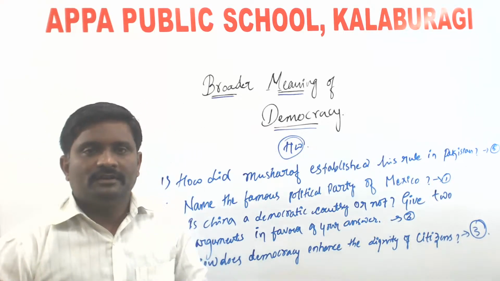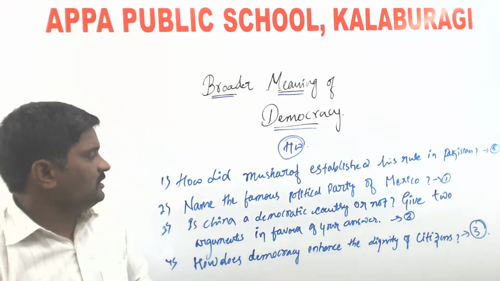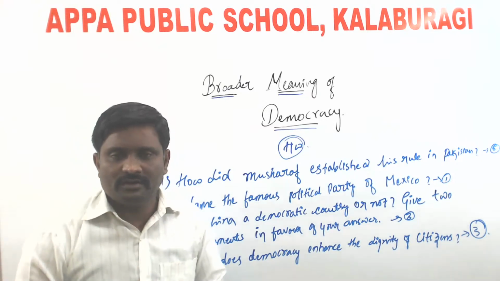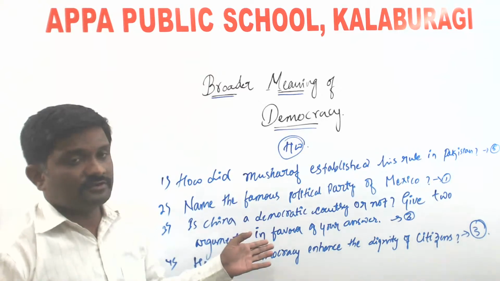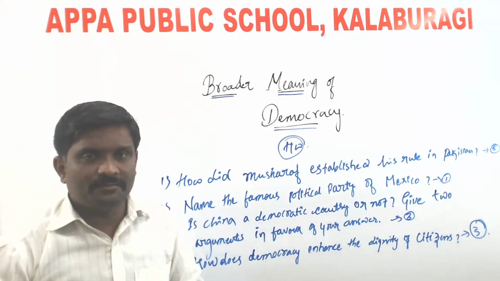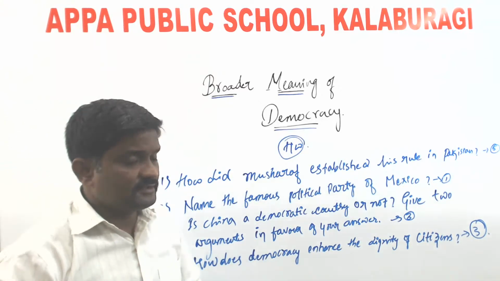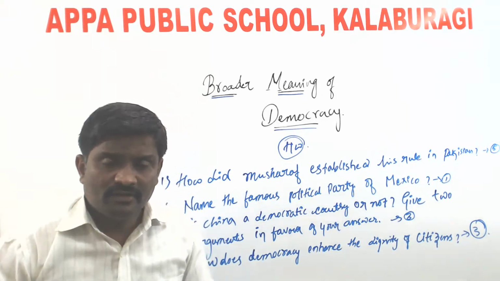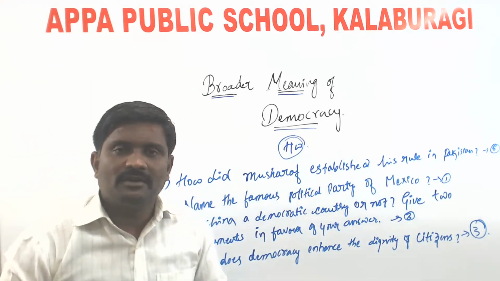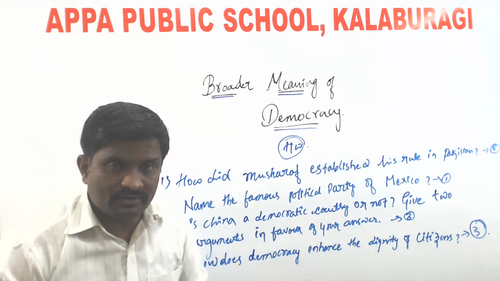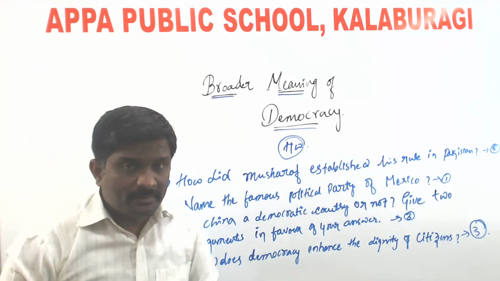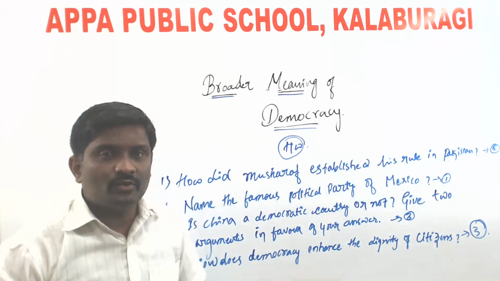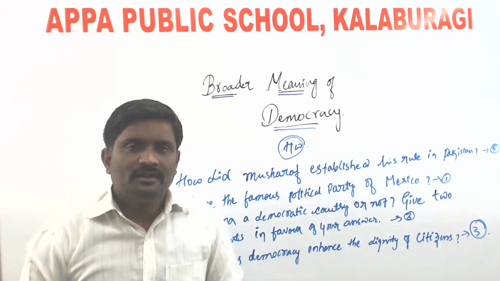I hope everyone understood. This chapter is completed, and the next chapter is the French Revolution, which is also a most important chapter. Describe the 14th July 1789. What do you understand by the term Reign of Terror? Explain the role of women in the French Revolution.